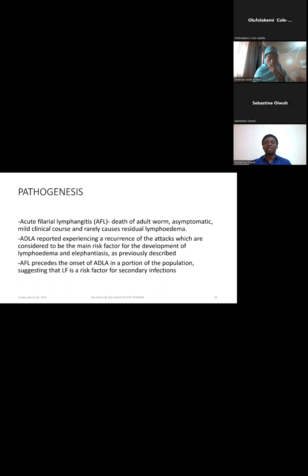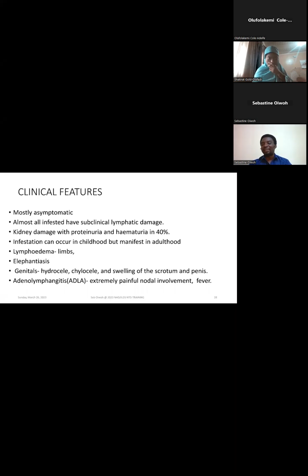Of course, the filarial lymphangitis often precedes the onset of ADLE, and this suggests that lymphatic filariasis could be a risk factor for secondary infection. Another important aspect that recent work has looked at is severe interdigital lesions associated with laboratory evidence of filarial infestation, the number of lesions, which has been said to be the strongest predictor of frequent acute dermatolymphadenitis.